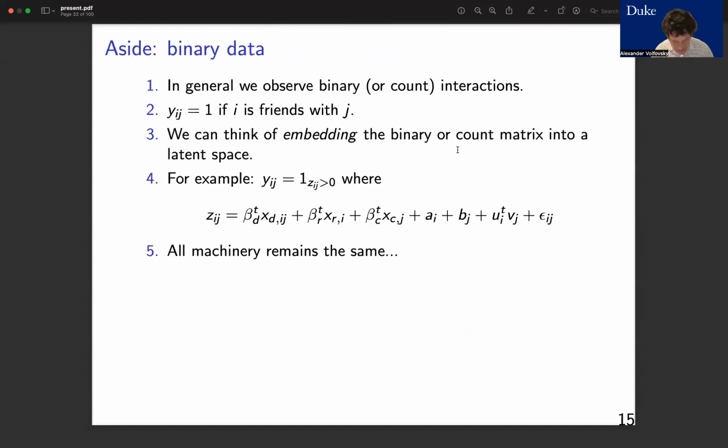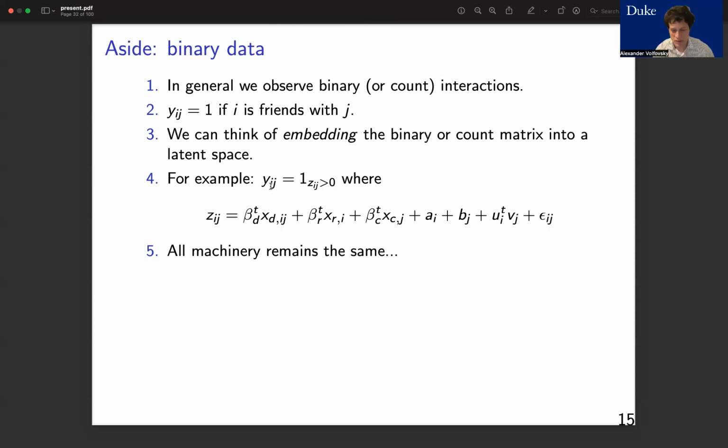So as a quick aside, we're not going to delve into the mechanics of how to fit these models for binary data. But in general, we observe binary interactions, right, or counts of interactions. And so you could think about Yij as being 1 if I is friends with J. What we would usually do in order to actually fit these models is to think about an embedding of this binary variable Yij into a latent space.